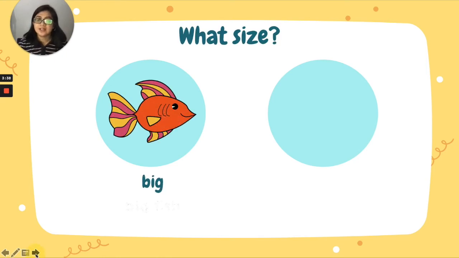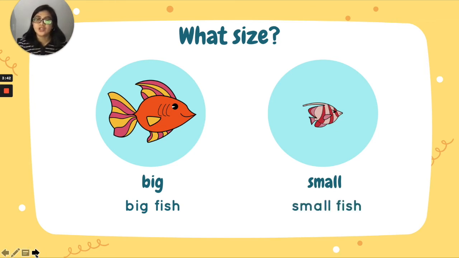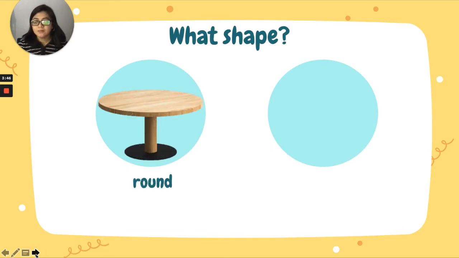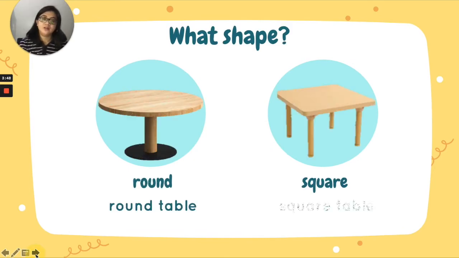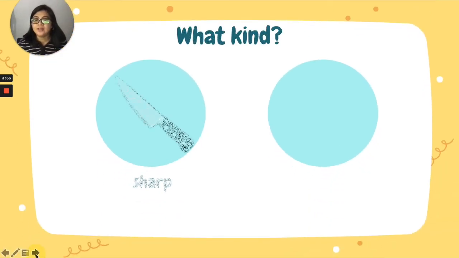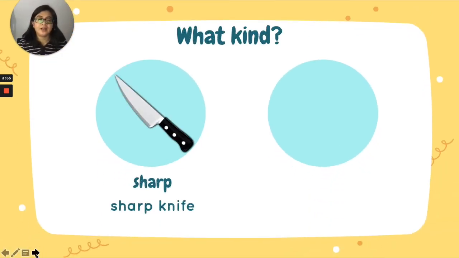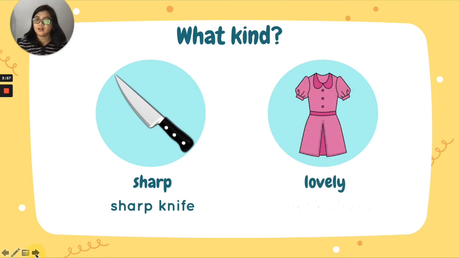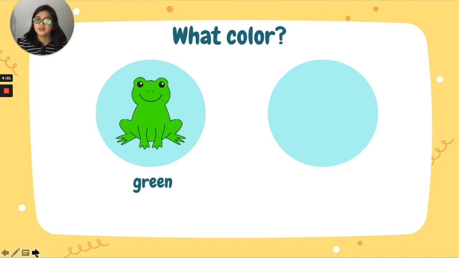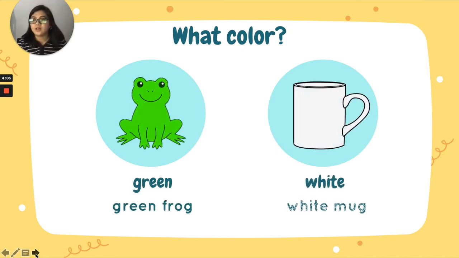What size? You can say big fish or small fish, because fishes have different sizes. What shape? It can be round table, square table. What kind? It can be a sharp knife. It can be a lovely dress. For what color? It can be green frog, or white meat.